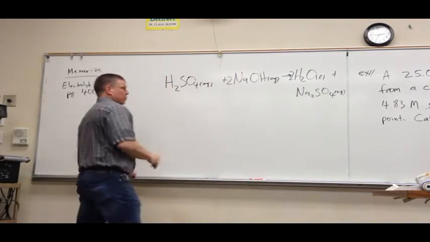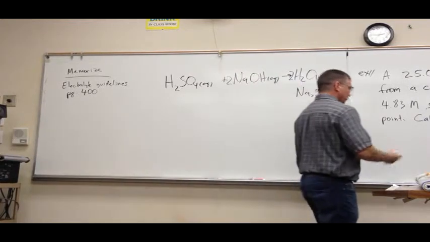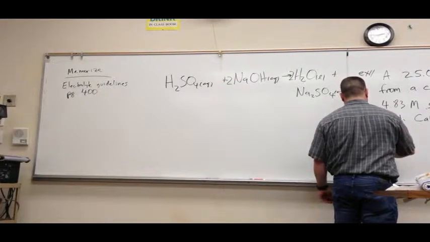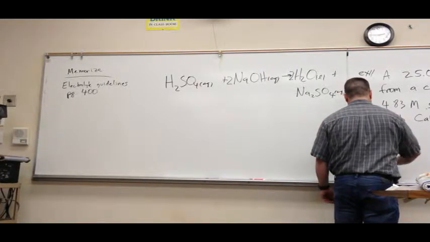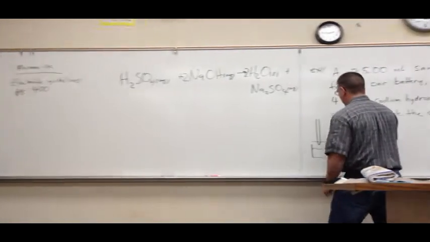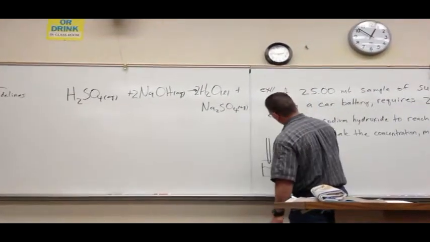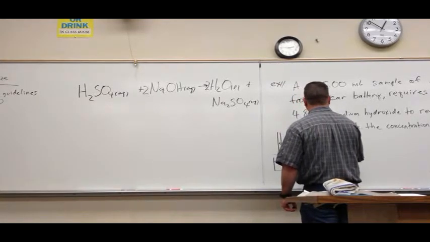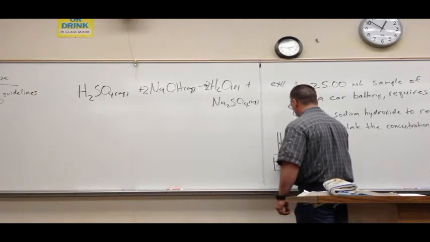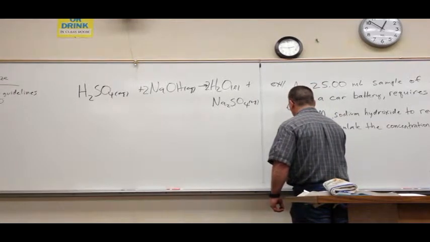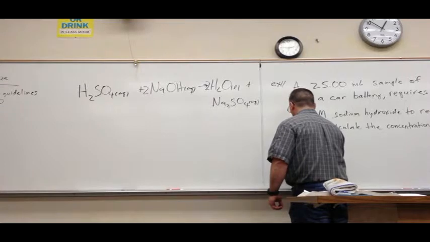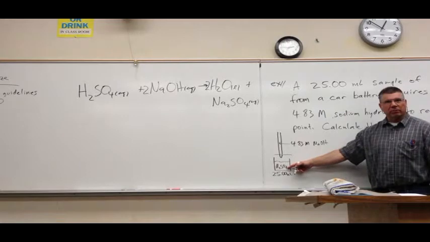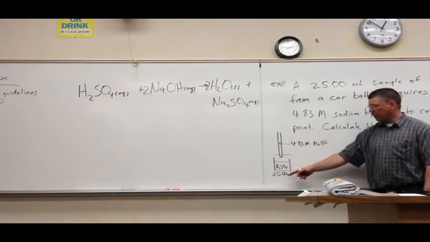Now the picture of what's going on. I think for the titration it's good to have the picture. You have your sulfuric acid solution down here in the beaker, 25.00 milliliters.